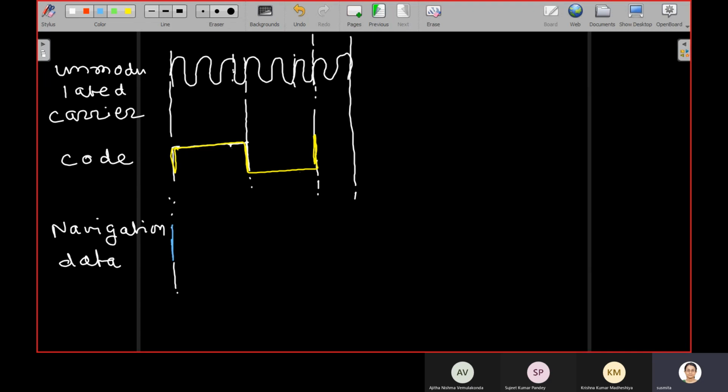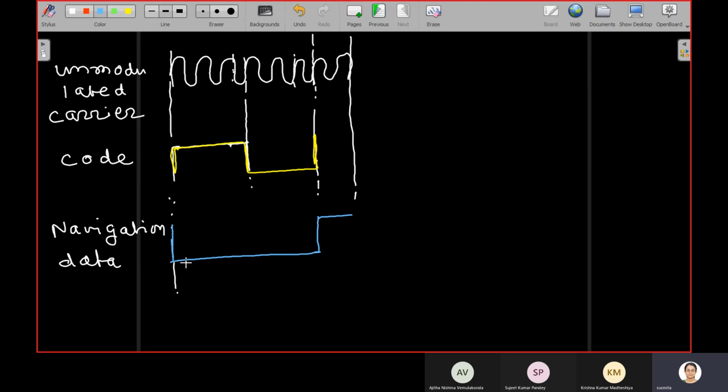Let's assume that the navigation data is negative up to this. Okay, at the satellite level, they are all synchronized. Code, carrier, data, they are all synchronized. They end together, they start together. Any changes, they are all synchronized.